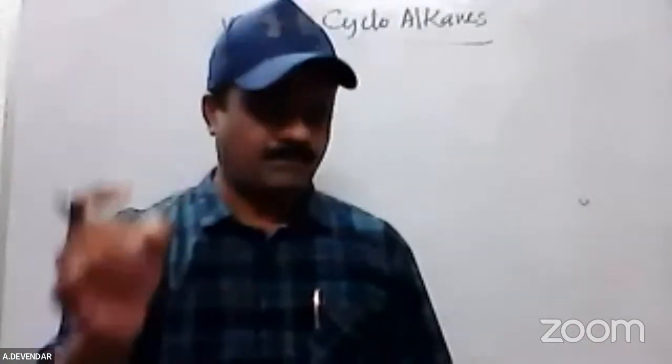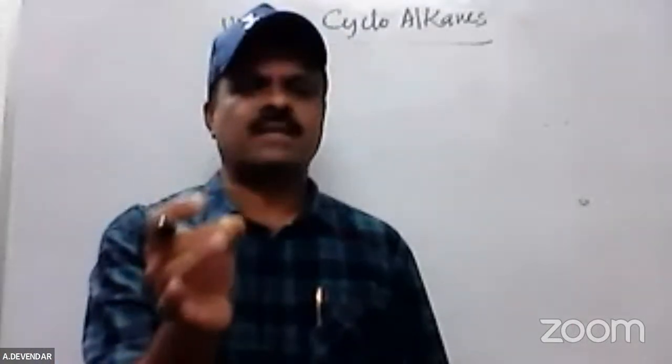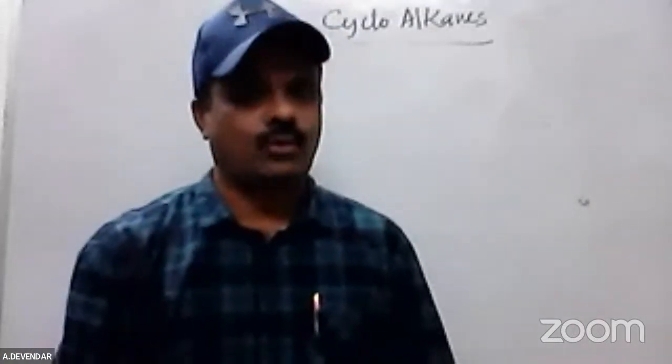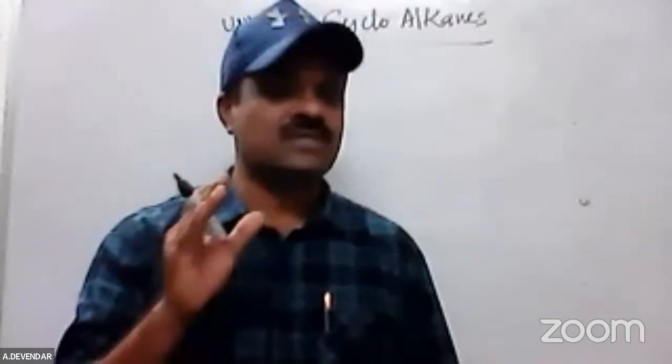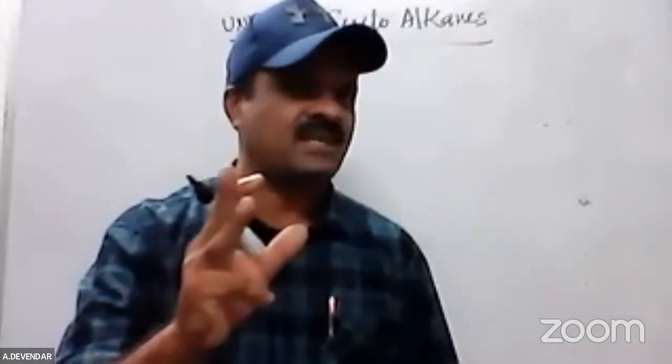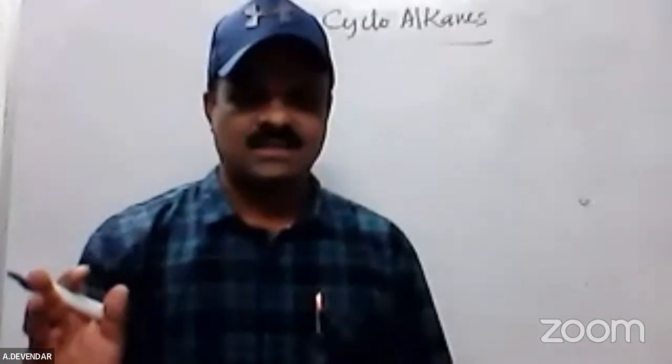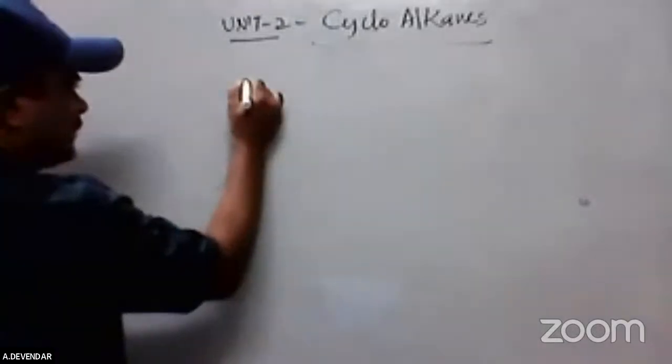Let us take an example. The first member of the cycloalkanes is cyclopropane. The minimum number of carbon atoms in the cyclo series is 3; maximum is whatever you want.